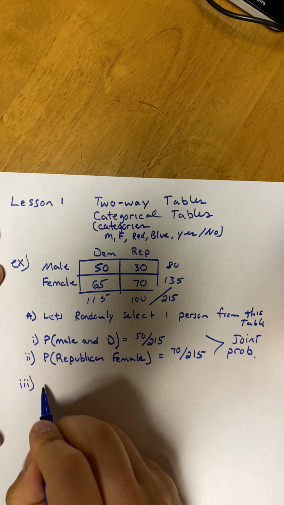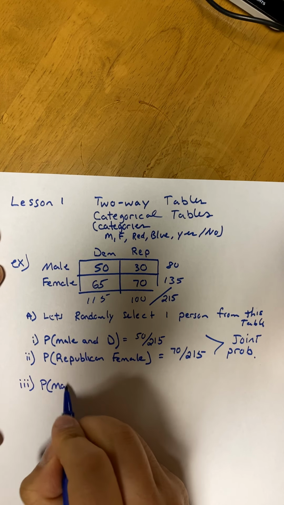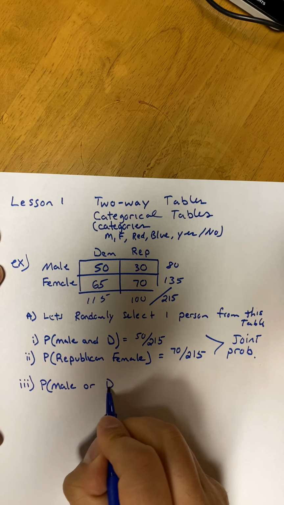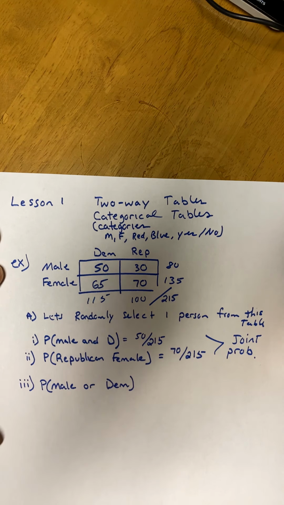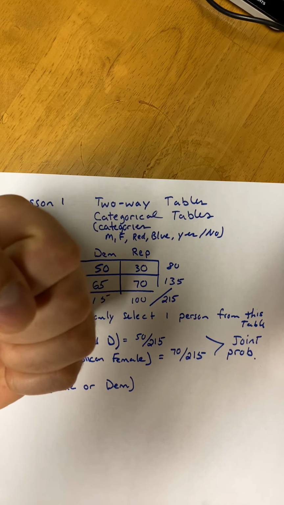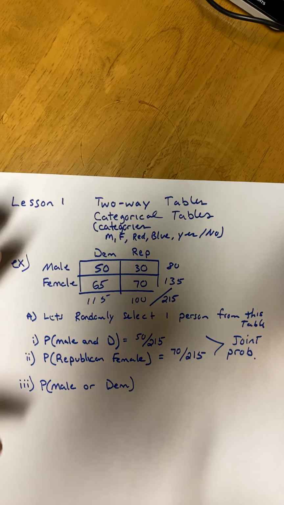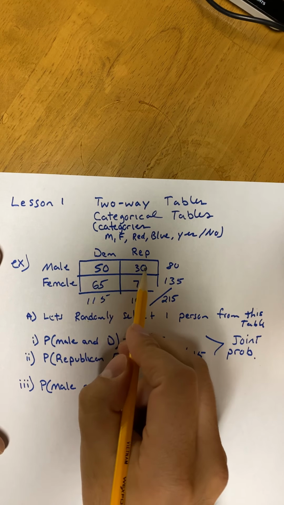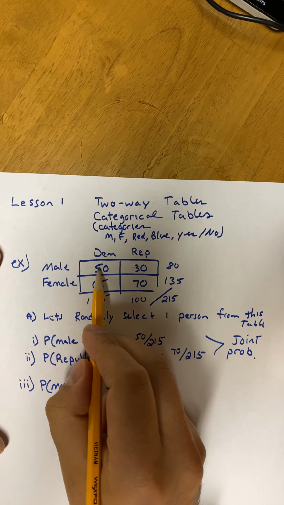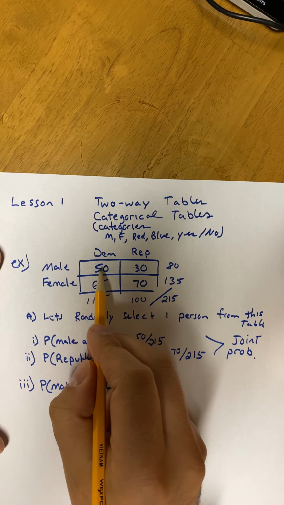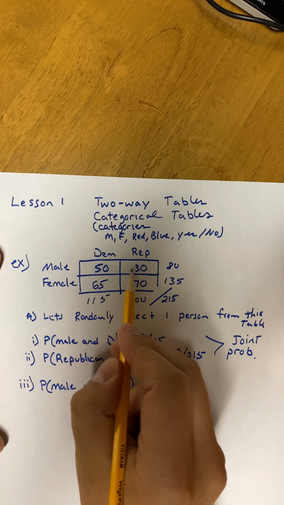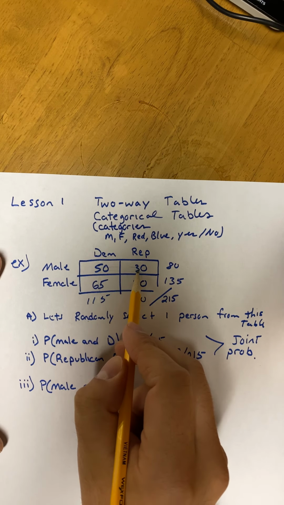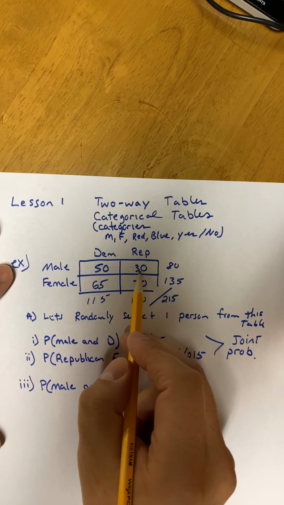Another type of question, I could say the probability of a male or a Democrat. So what's the chance I pull somebody out of here and they're either a male or they're a Democrat? What you have to do here is make an L. The 50 right here are male Democrats. The 30 over here, they're not Democrats, but they are males, so these count.